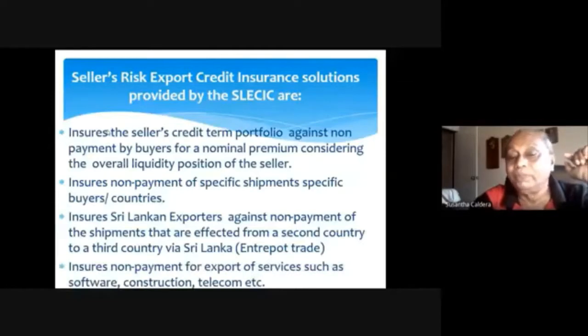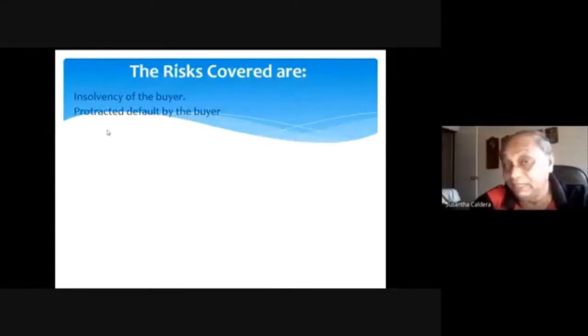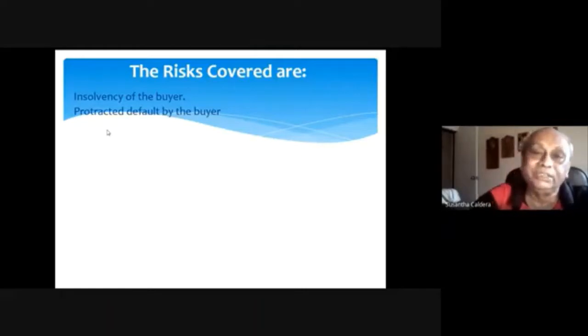Ensures non-payment for export of services such as software, construction, and so on. The risks covered are insolvency of the buyer. Even if the customer, the buyer, goes insolvent, bankrupt, insurance applies. Again, protracted default by the buyer.